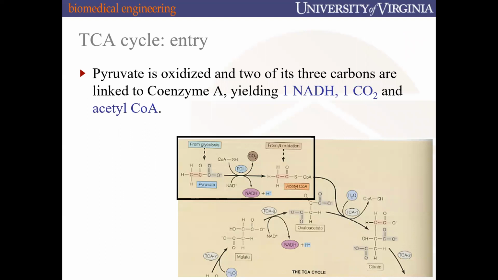All right, so we just talked about how we prime pyruvate into acetyl Coenzyme A. We generated one NADH, we released one CO2 molecule, and now acetyl Coenzyme A is ready to perform its job of delivering those acetyl groups, those 2 carbons, to this first intermediate, oxaloacetate.